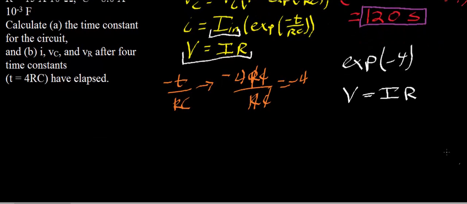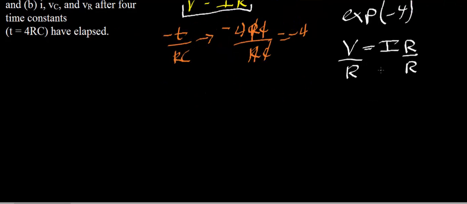So how do we isolate current? We divide both sides by the resistance. Now we have that the voltage divided by the resistance is equal to the initial current. This is the initial current, and we can substitute it into the equation for the instantaneous current.